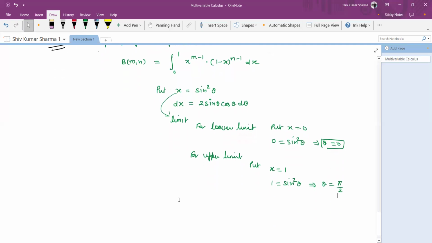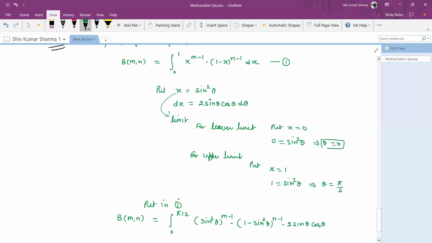Now we put into the given definition: Beta(m,n) is equal to the integral from 0 to pi by 2 of x, meaning sin square theta, raised to the power m minus 1, into (1 minus x), 1 minus sin square theta, raised to the power n minus 1, into dx, and dx is 2 sin theta cos theta into d theta.